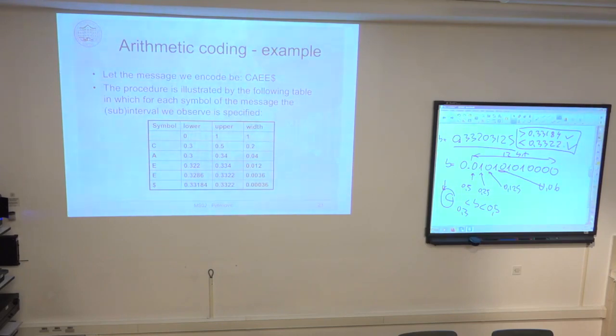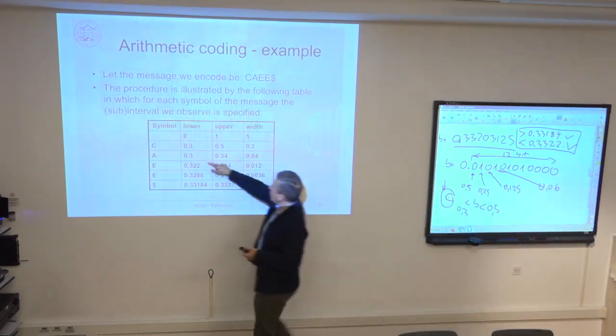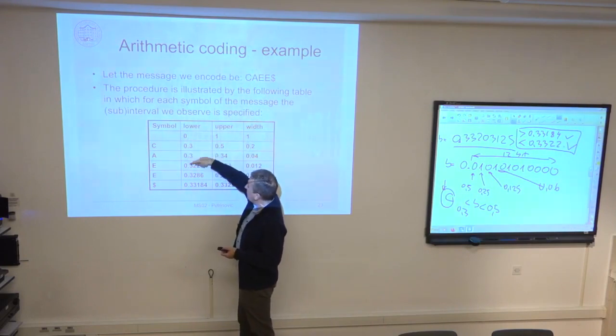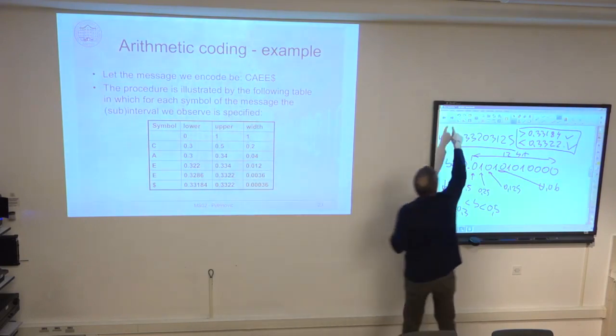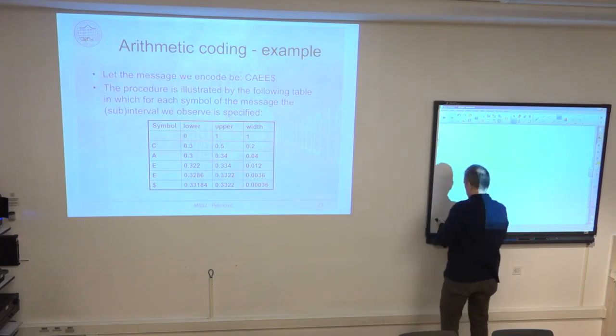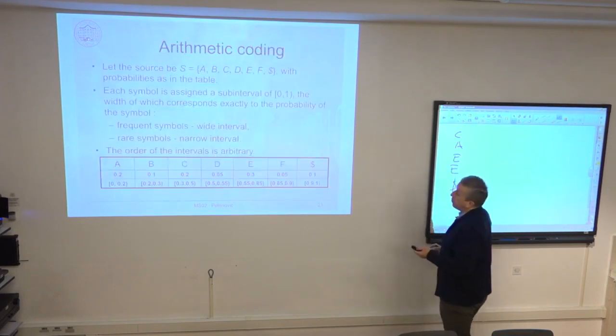And the probability of the message is simply a product of the probabilities of individual letters, of individual symbols. So I have to write it down. The first letter was C, then A, E, E, and $. And they have probabilities.